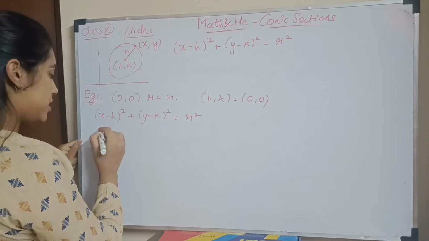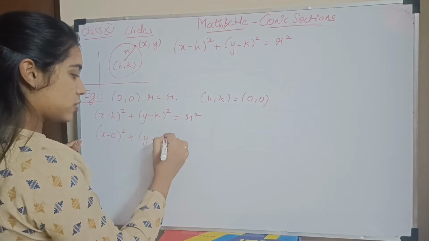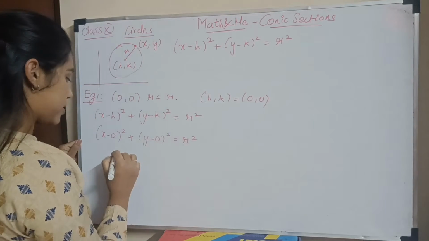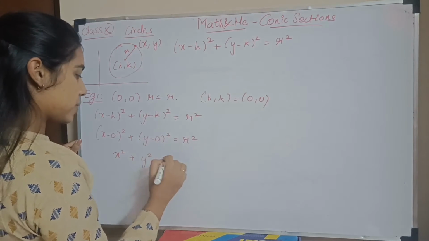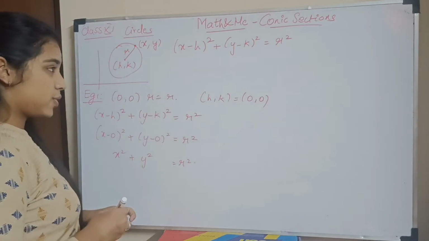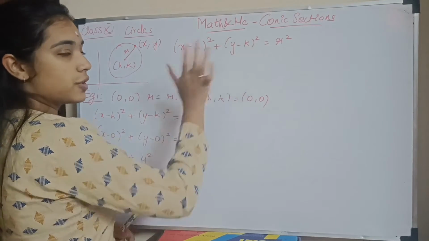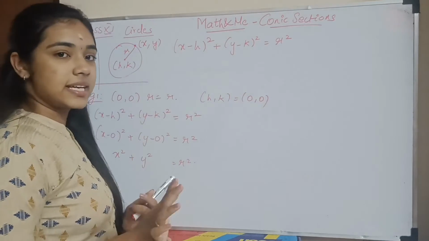Substituting that here, I have (x minus 0) the whole square plus (y minus 0) the whole square equals r square. So I have x square plus y square equals r square. You just have to substitute the values that you have in the equation of the circle. This one equation you will use for the whole circle topic, examples, exercises, everything.